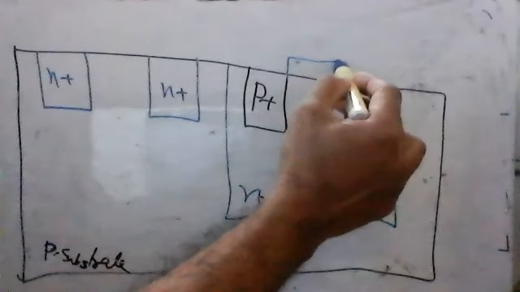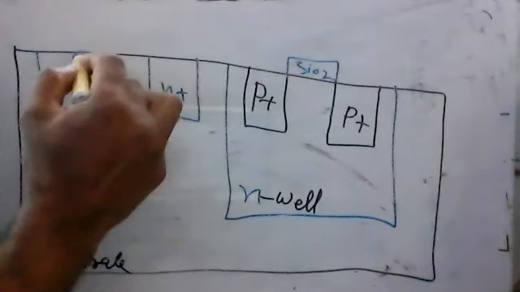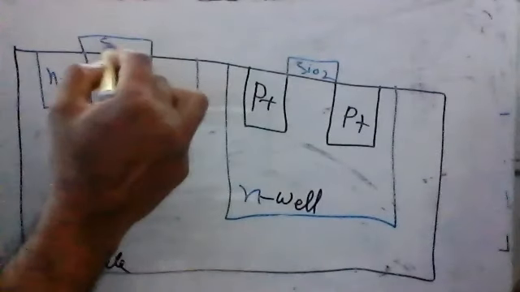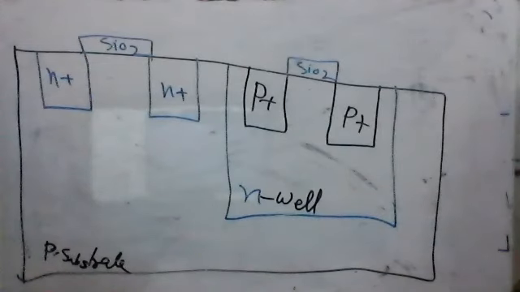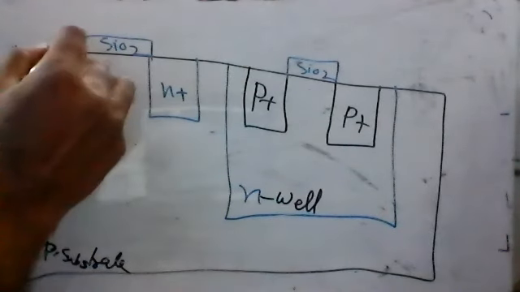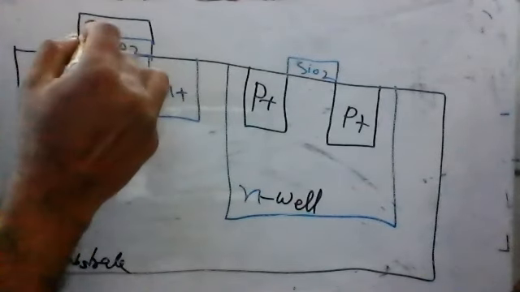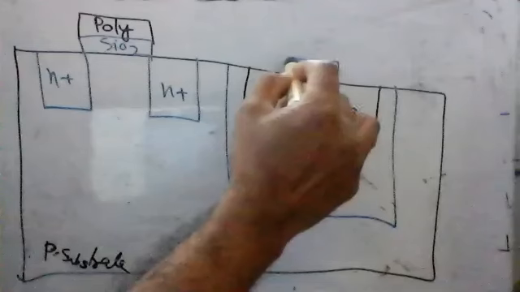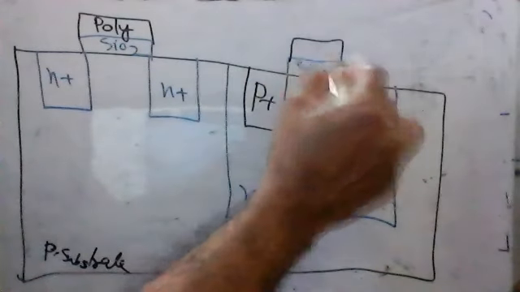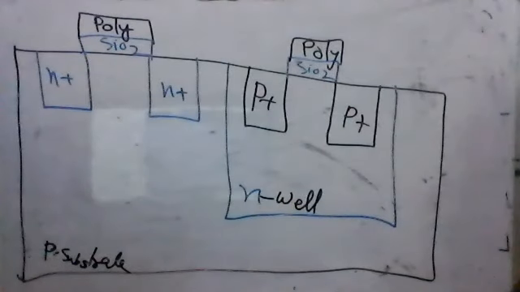The gate area is silicon dioxide here, and here also the same thing. On top of the silicon dioxide, we need to add poly. Poly here also, that is the gate.